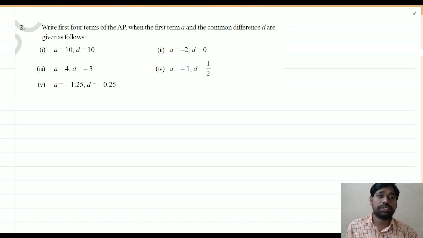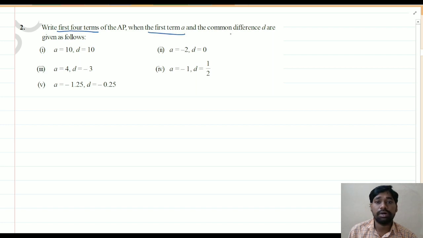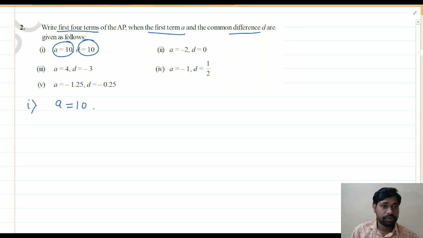The next question is: write the first four terms of the AP when the first term is a and the common difference is d, as given. So given the first term as well as the common difference, we have to write the arithmetic progression. Here first one is a equals 10, common difference also 10 only. So AP can be written as first term a equals 10.